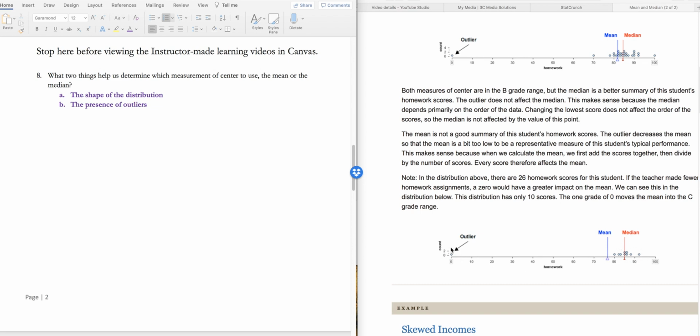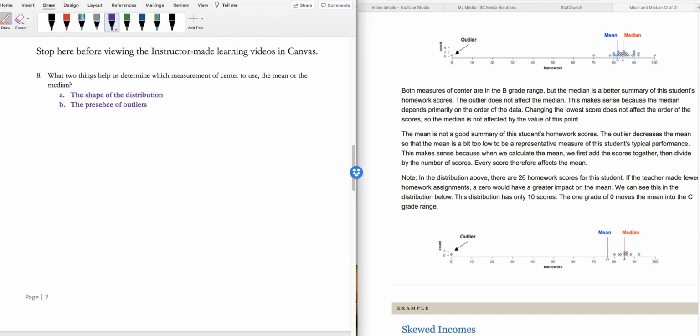And so now that outlier of 0 affects the mean even more, and it pulls it down even further than it did up here when we had a lot of data. But either way, the mean is going to move in the direction of that outlier. It's going to move farther the fewer data pieces you have. The more data pieces you have, it won't move as far, but it still will move.